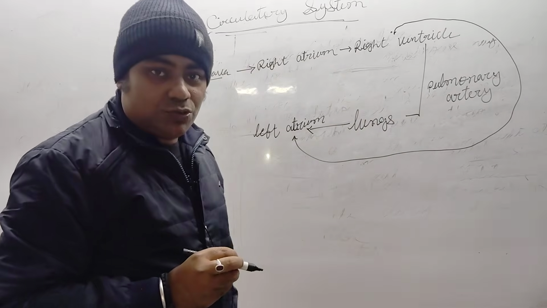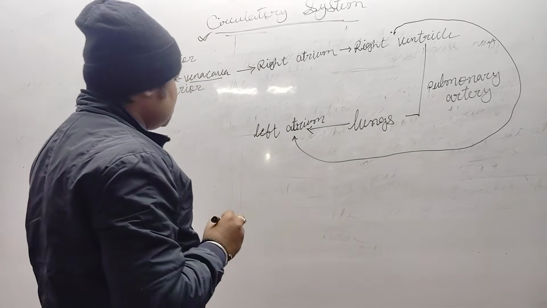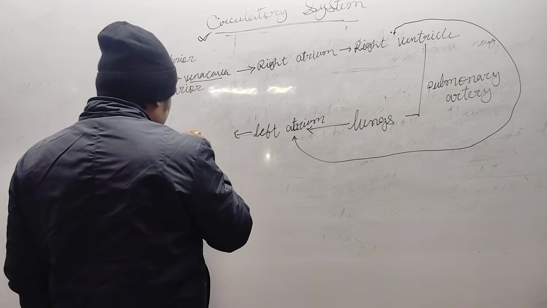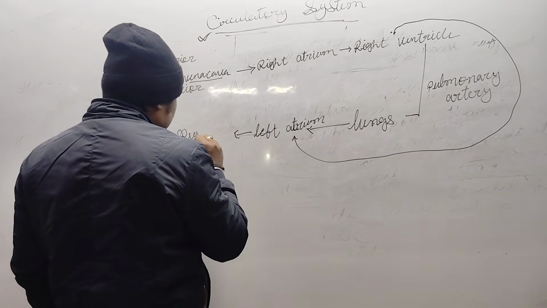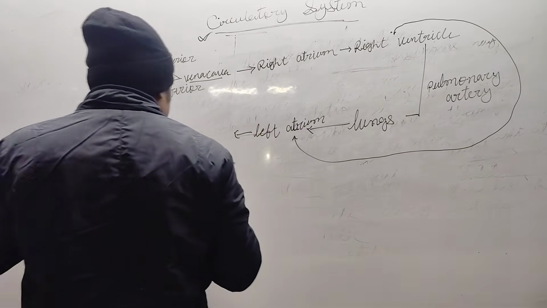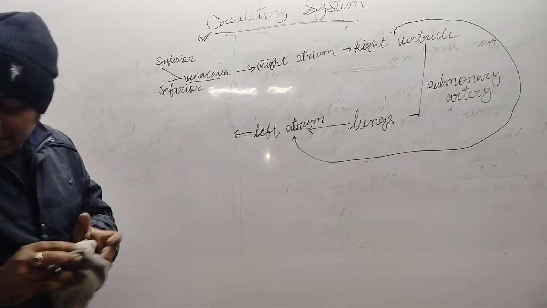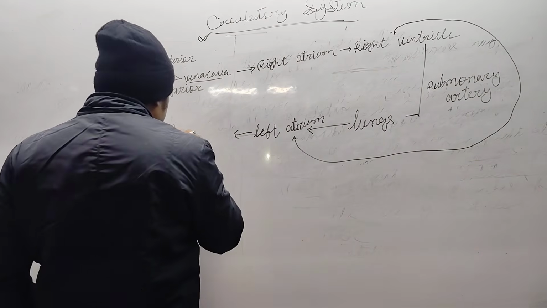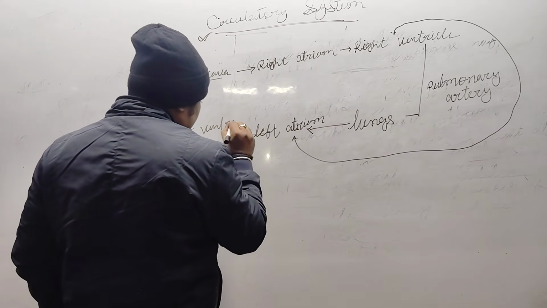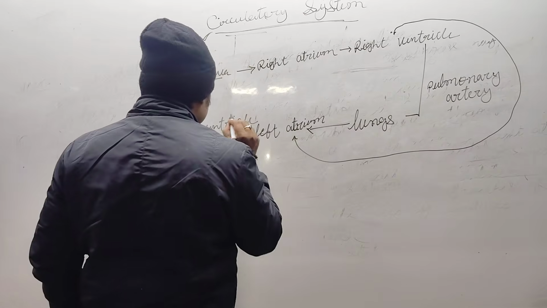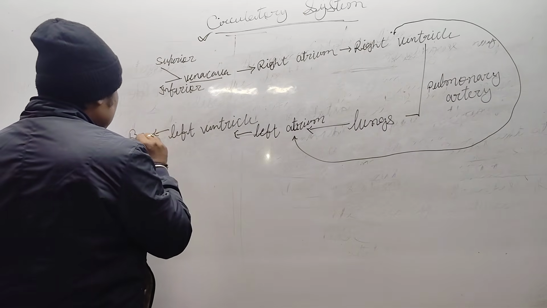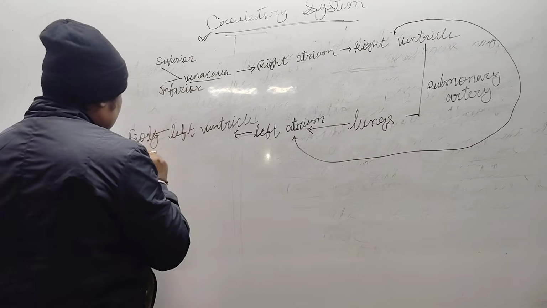This is known as the pulmonary circulation, and after that it reaches into the left ventricle, and from the left ventricle it reaches into the body parts.